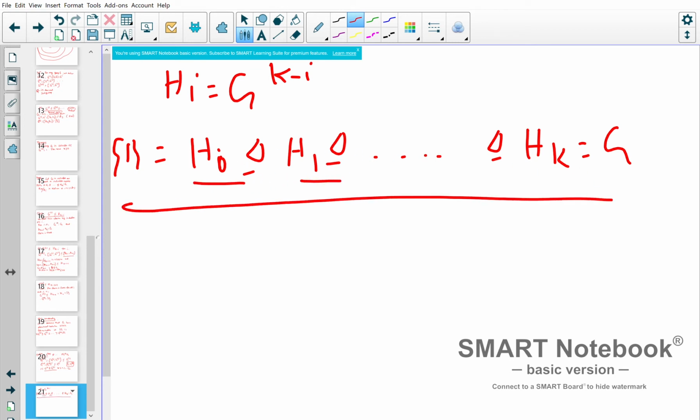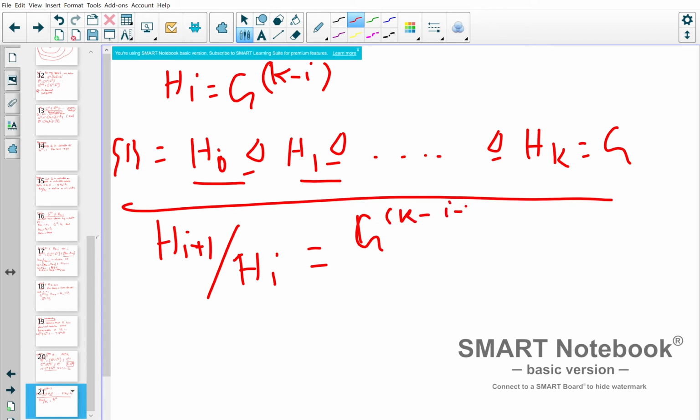I just proved it, but now we need to prove the important part, that the successive quotient groups are abelian, right? So H(i+1) mod Hi needs to be abelian. But what is H(i+1)? H(i+1) is nothing but G(k minus i minus 1), and here you had G(k minus i), right?